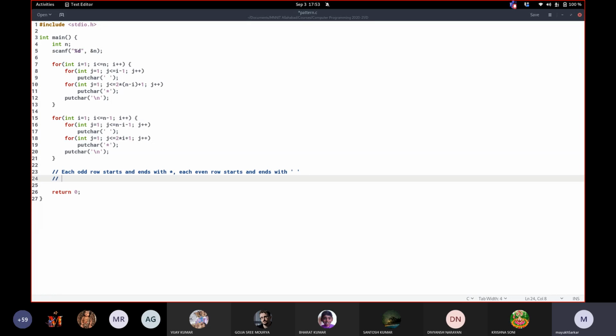So in each odd row, only odd columns have a star. In each even row, only even columns have a star.